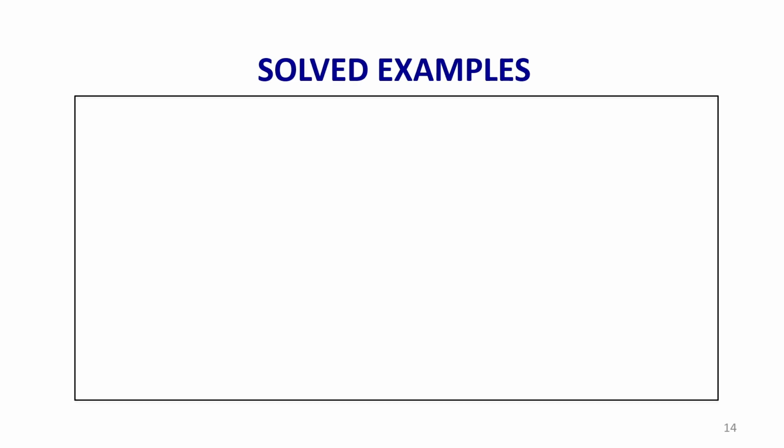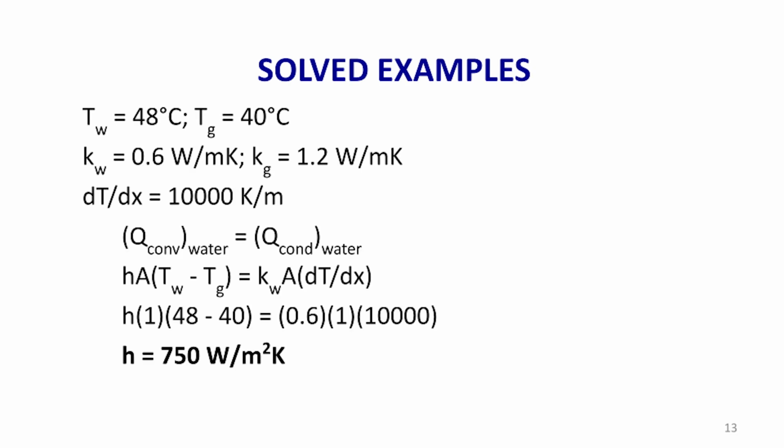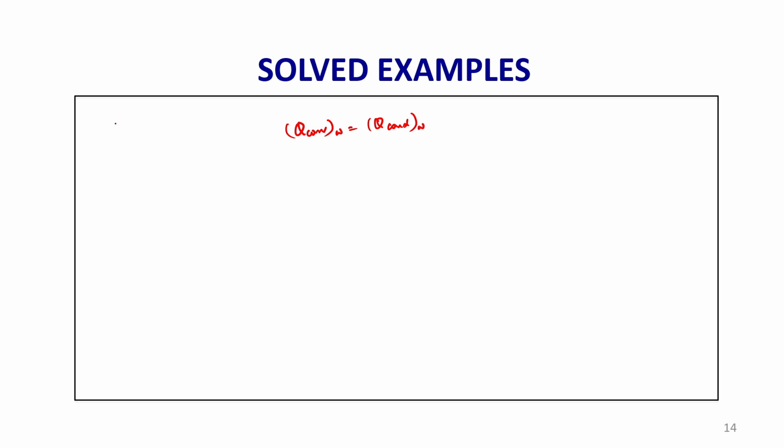So, here Q convection of water is equal to Q conduction of water. That is the concept. Water temperature is given, glass temperature is given, water temperature is 48, glass temperature is, I think, 40 degrees centigrade.